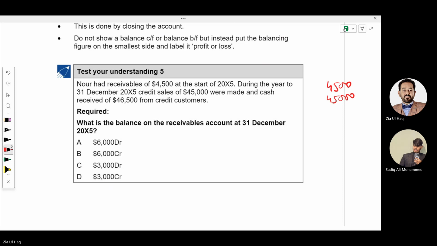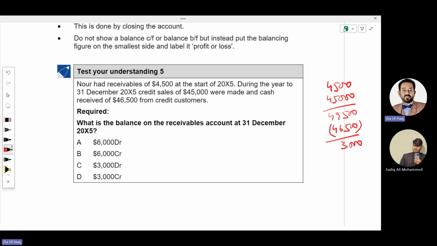Receivable up how much? 4,500. He received cash 46,500. How much left? 3,000. Debit balance or credit balance?